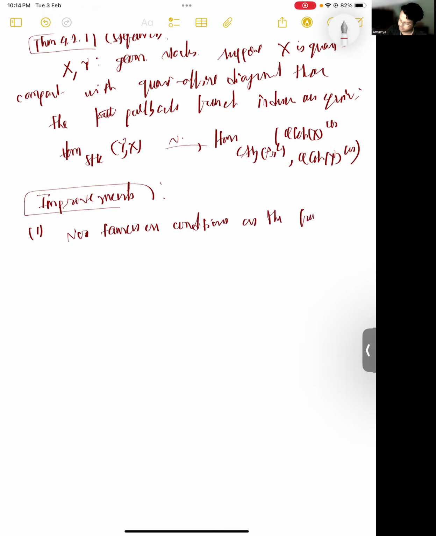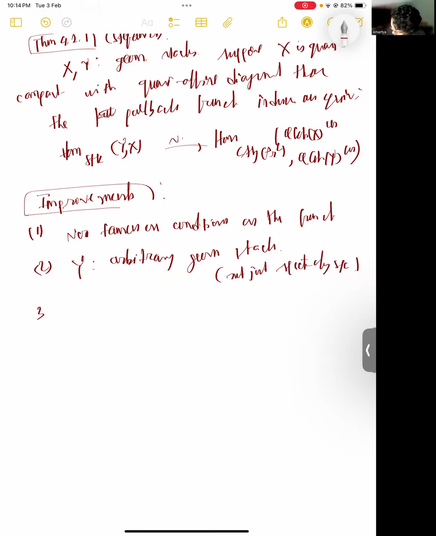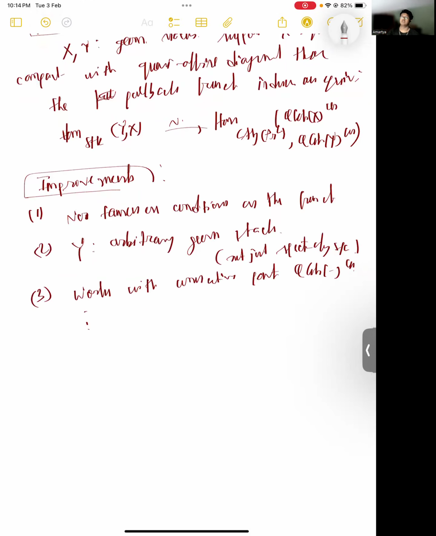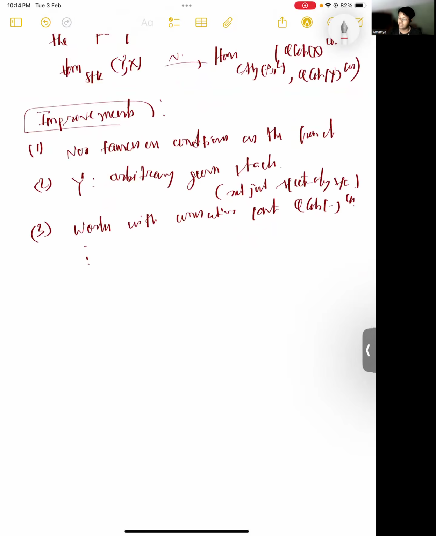The second one is that Y is an arbitrary geometric stack, so it's not just a spectral algebraic space. This also works with connective parts, and you can also say that it only requires a quasi-affine diagonal, not an affine diagonal.